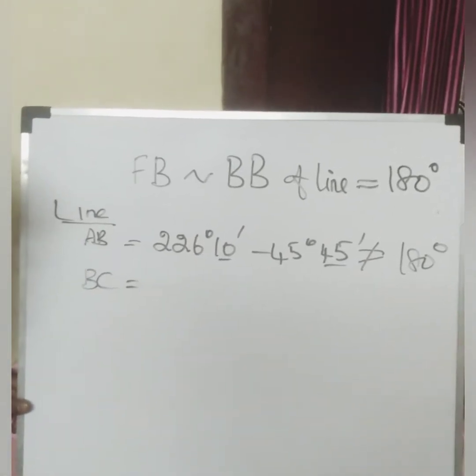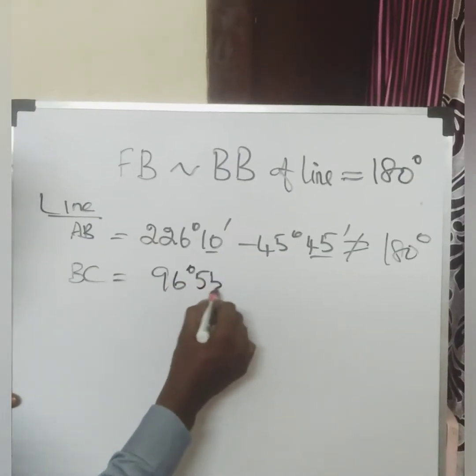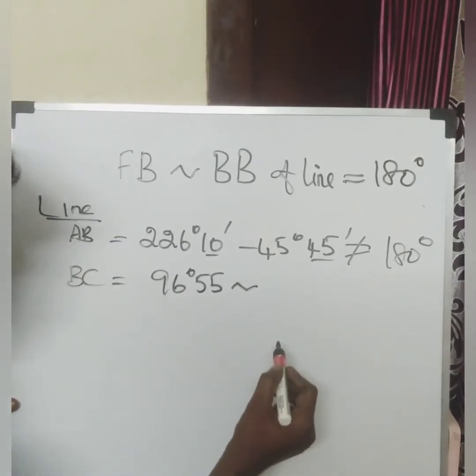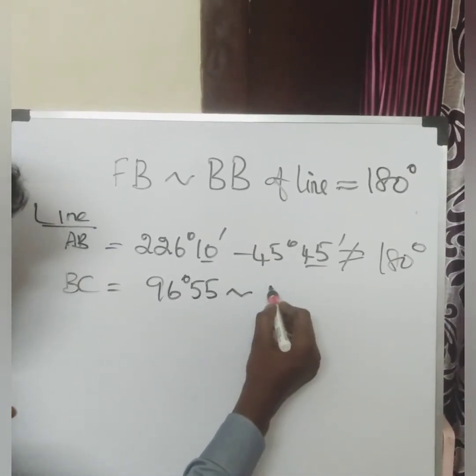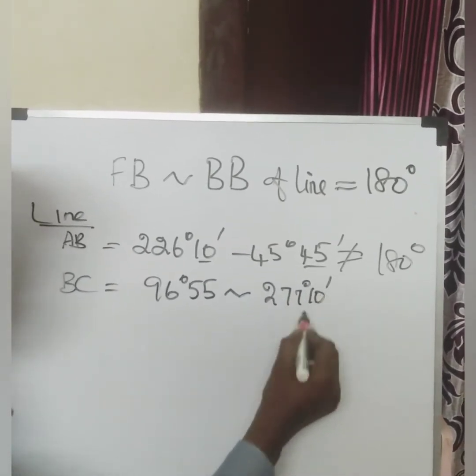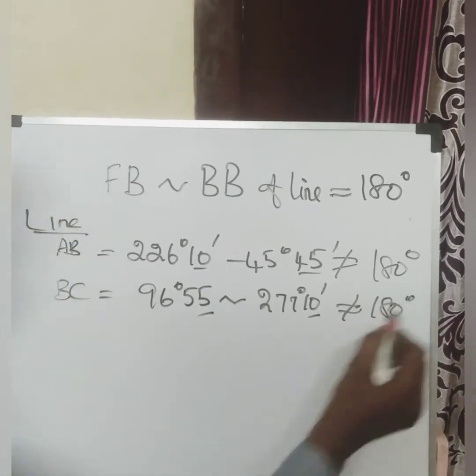Next line BC. The observed forebearing of BC is 96 degree 55 minutes. The observed back bearing of line BC is 277 degree 10 minutes. Here also this is not equal to 180 degree.